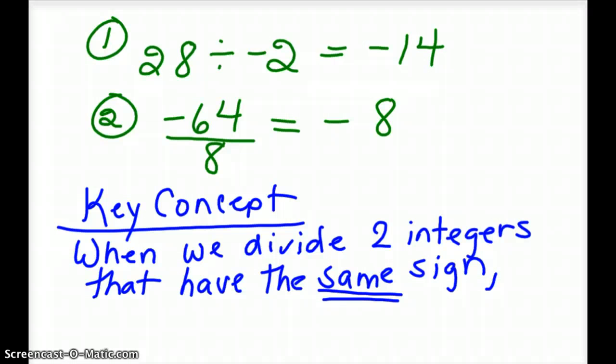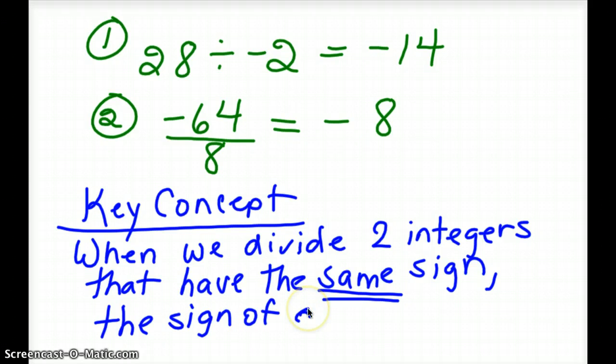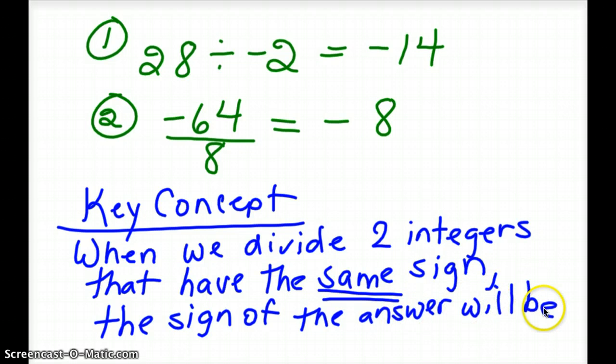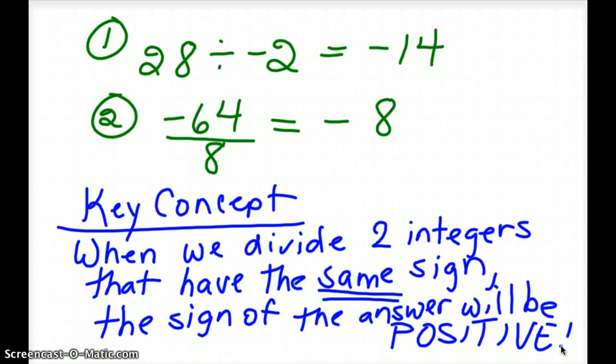Two negatives make a positive. There we go. The sign of the answer will be positive. Okay, so now we want to do some more examples. You guys got that written down?